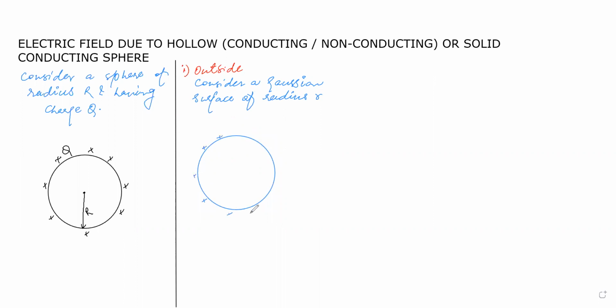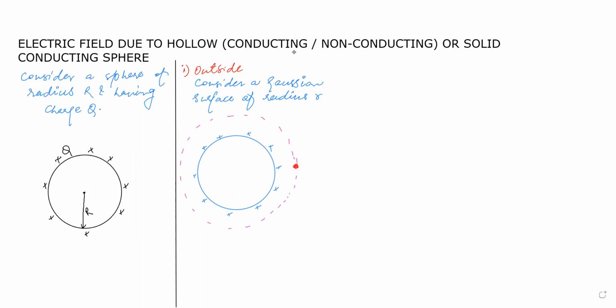We are going to take a point P outside of this sphere. Suppose that point is at this position. Then we should draw a Gaussian surface, and that Gaussian surface should pass through this point as well. Your Gaussian surface is just like this.